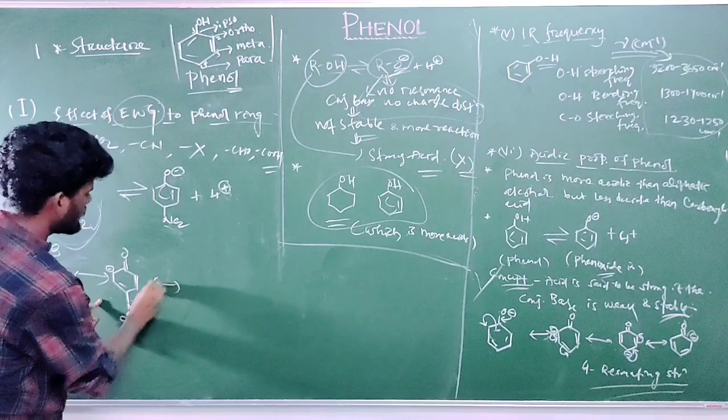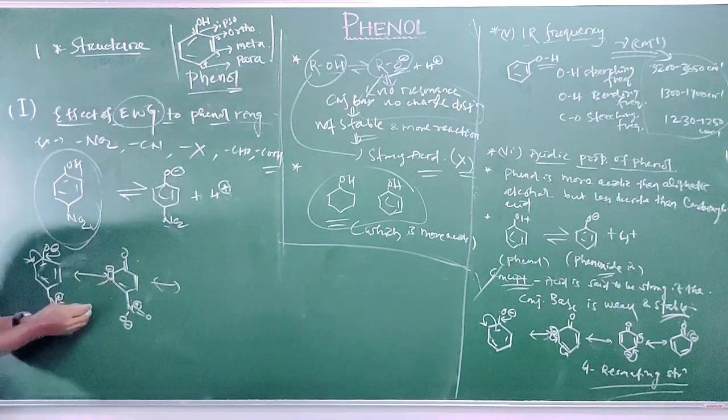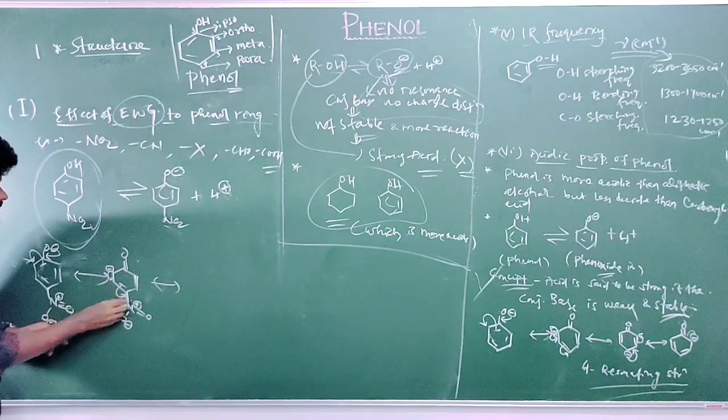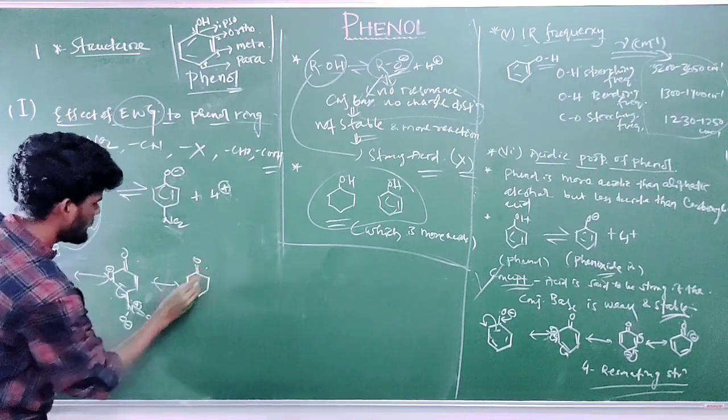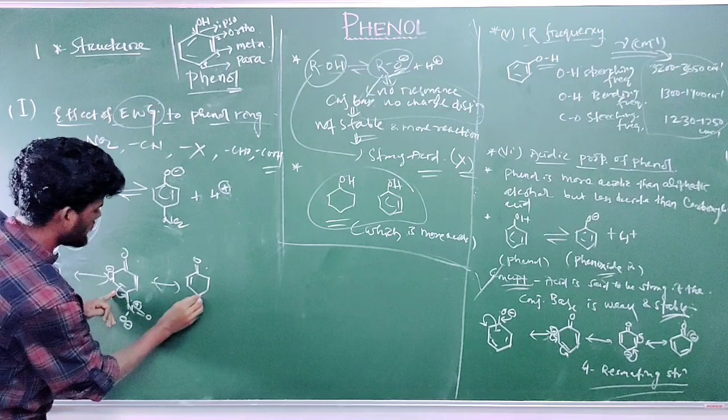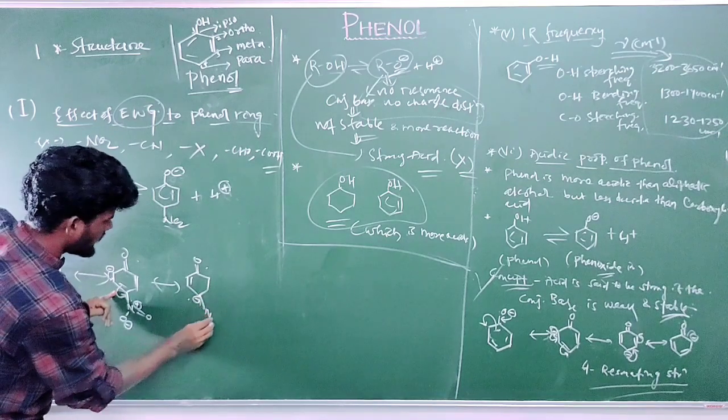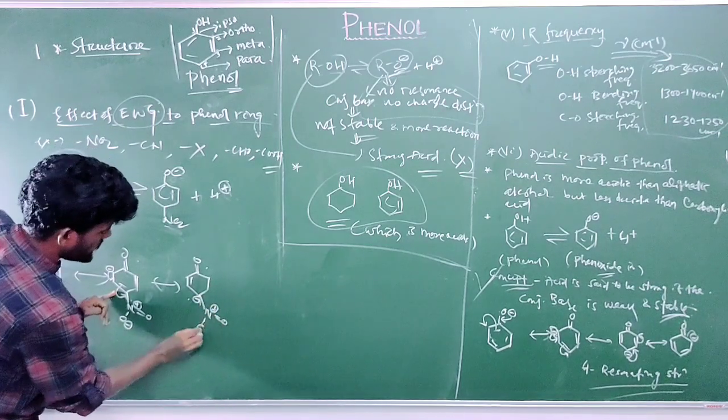In the next step, what will happen? The negative charge returns in a cyclic manner and this bond moves over to the para carbon. So now the negative charge is attached to the carbon next to nitrogen, positive, double bond O, oxygen negative.